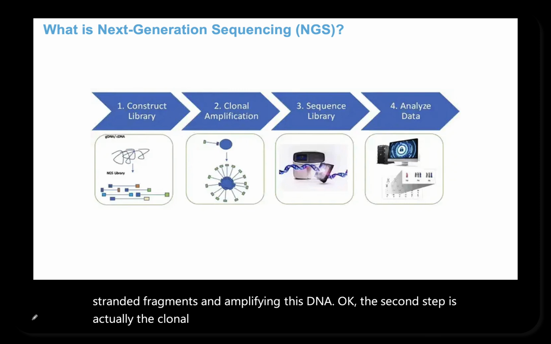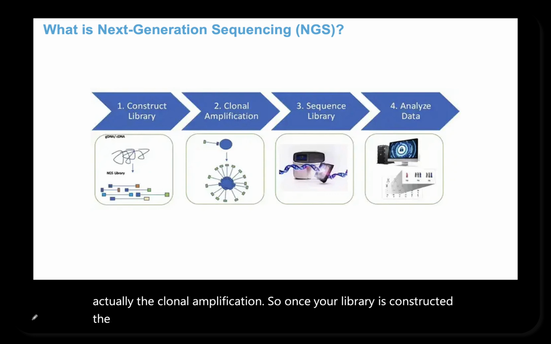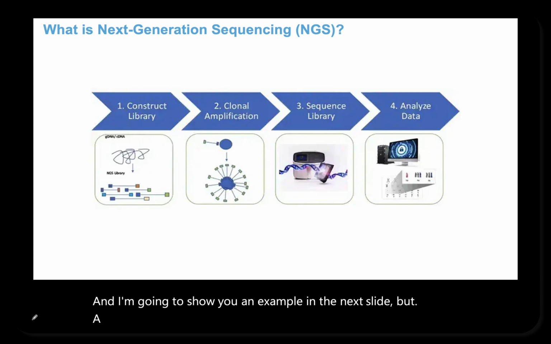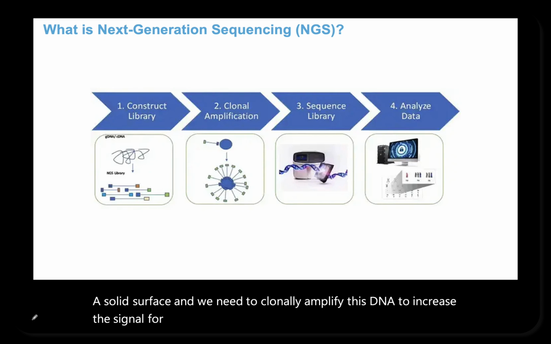So once your library is constructed, the DNA fragments need to be attached to a solid surface, and I'm going to show you an example in the next slide, and we need to clonally amplify this DNA to increase the signal for detection during sequencing.